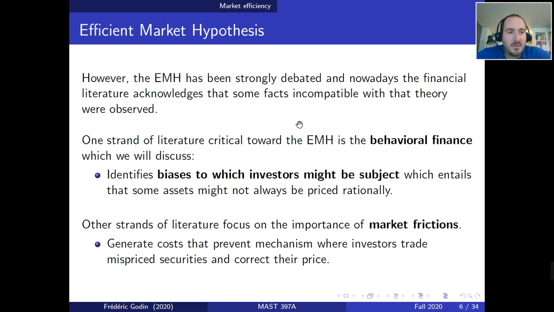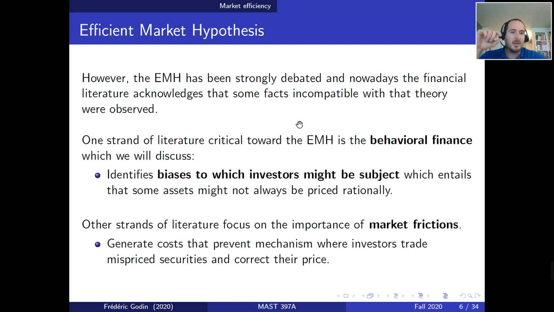There are other strands of literature which criticize the efficient market hypothesis, which focus on market frictions. Market frictions are, for example, transaction costs or liquidity constraints, constraints that prevent investors from fully exploiting what they could perceive as mispricing. So the main message in that strand of literature is that sometimes there might be some mispricing of securities.